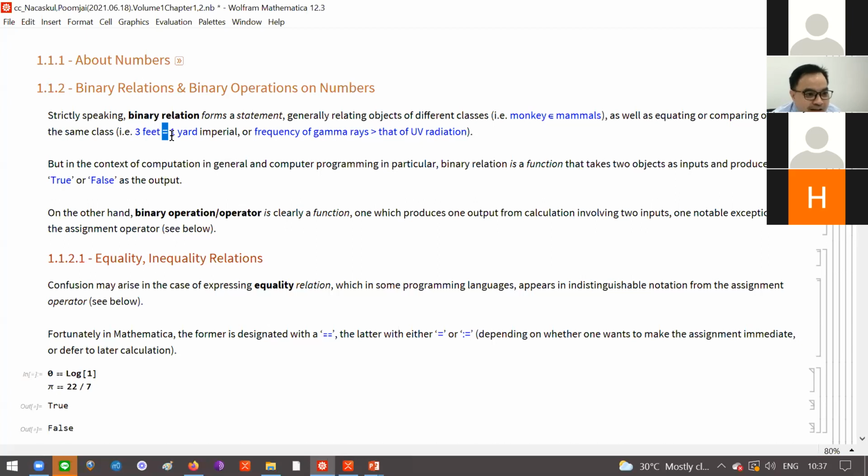The other time you see this is actually not as a relation, but as an operation. You set something equal to something. You set the left-hand side equal to the right-hand side. So what do you actually produce? You take in two things. Again, it's a binary operation. You take the left-hand side, you take the right-hand side.